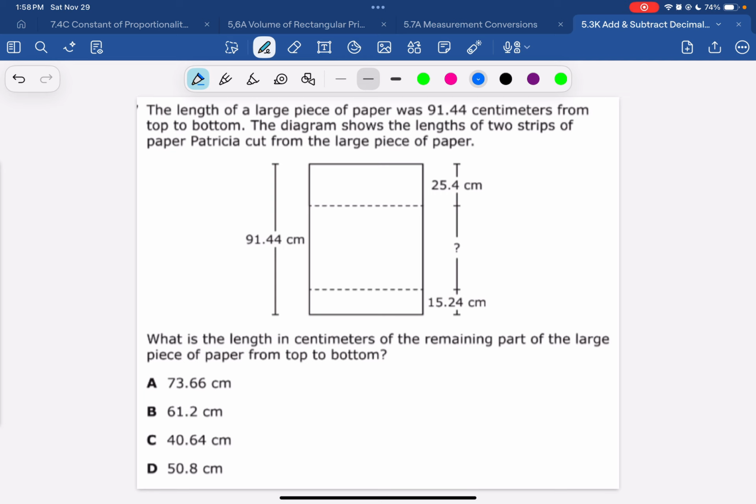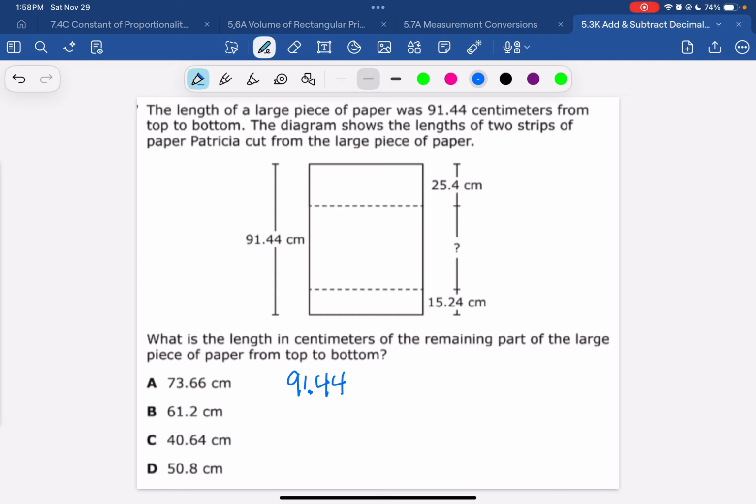All right, so I'm going to allow you to answer this in the comments, but I want to get you set up. You already know that you have 91.44, or 91 and 44 hundredths, and you know that you have to add up the 25 and 4 tenths, or 25.4, with the 15 and 24 hundredths, or 15.24.